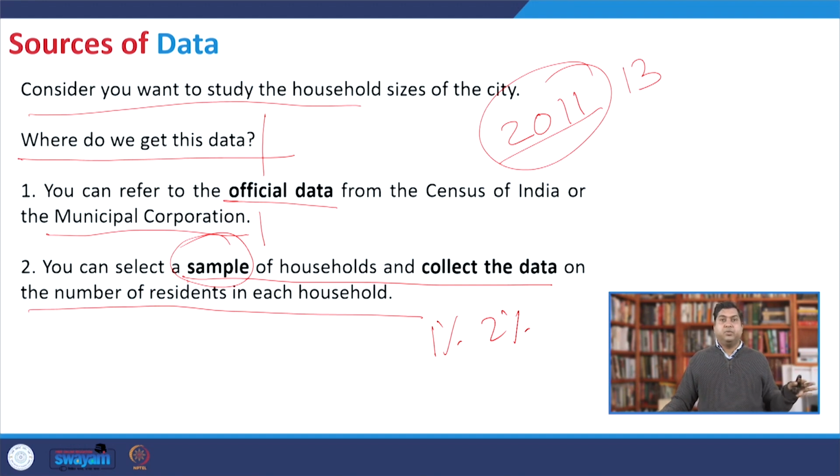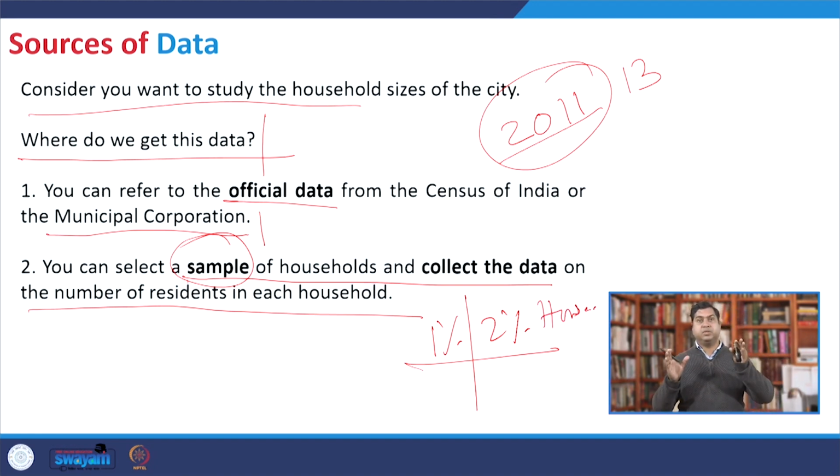For a comprehensive mobility plan or development plan, there are instructions and a thumb rule that 20% of the households should be covered. Household means the census house, and in each household you will have a number of persons.